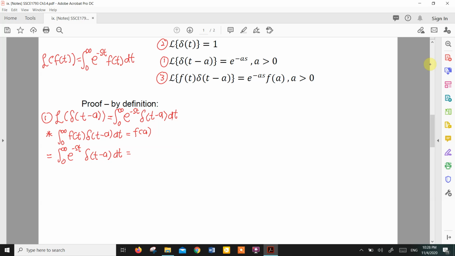So now you just copy the exponential function here, and you replace t by a: negative as. So it is proven that the Laplace transform of delta(t minus a) is equal to e to the power of negative as from here.